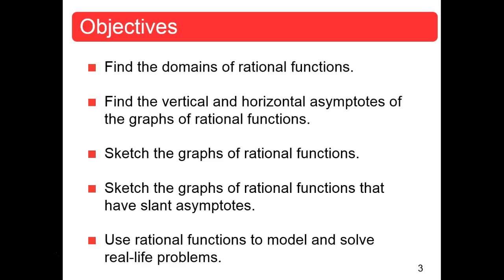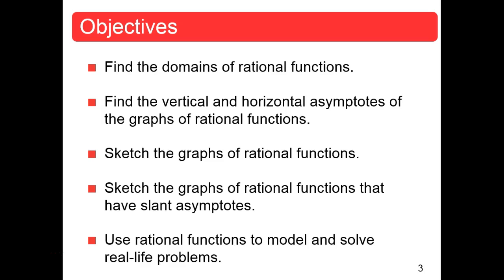So our objectives here: find the domains of rational functions. What were the domains of polynomial functions? All real numbers. For rational functions, not necessarily. We'll find vertical and horizontal asymptotes of rational functions. Now, the vertical asymptotes will be directly related with the domain, by the way.